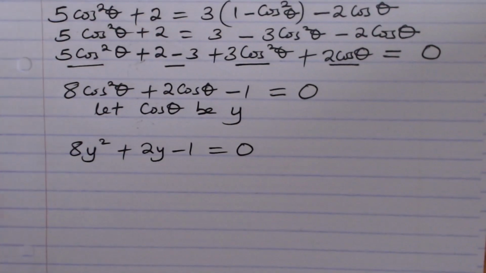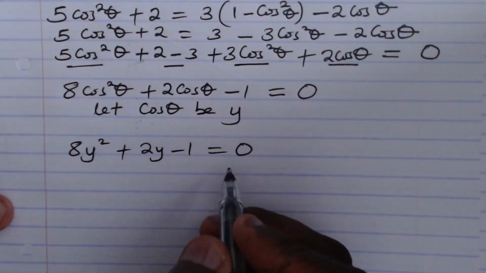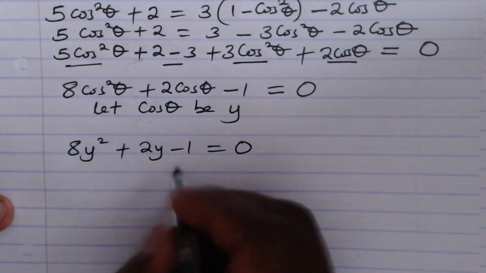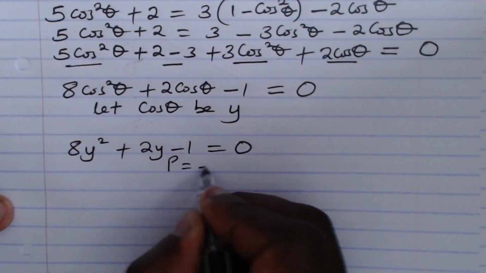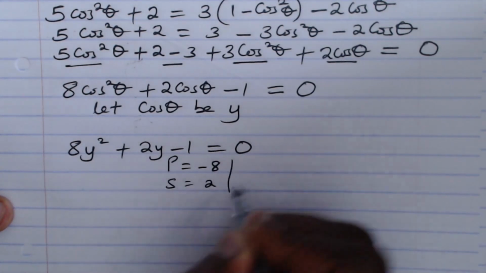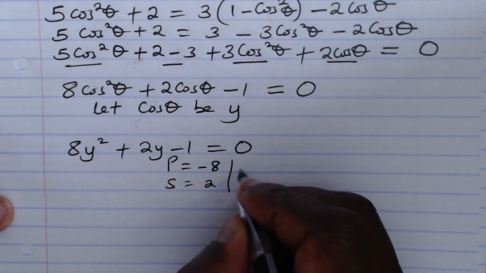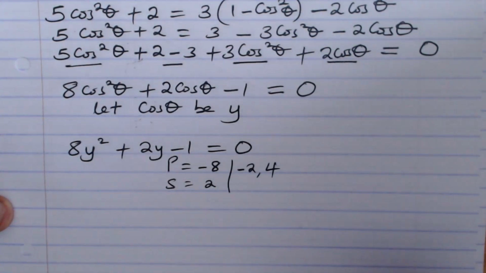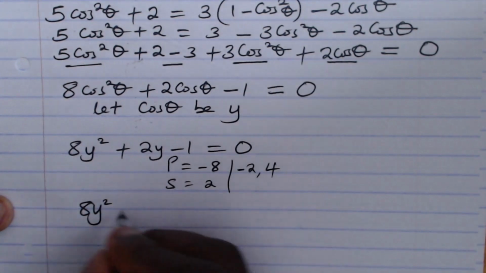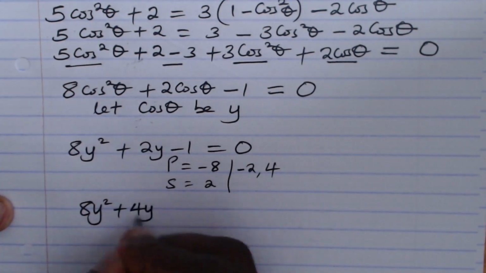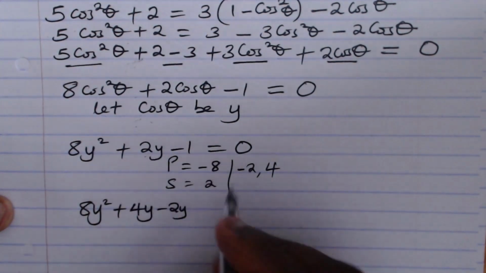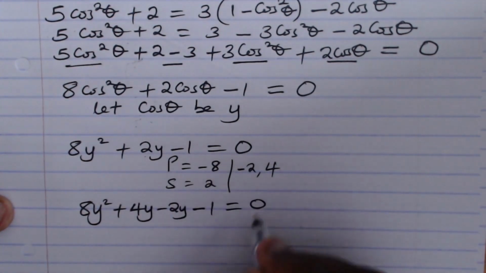Solve this equation using any suitable method. I'll use factorization. Look for two numbers whose product is negative 8 and sum is 2. These numbers are quite easy: negative 2 and 4. So 8y squared plus 4y minus 2y minus 1 is equal to 0.